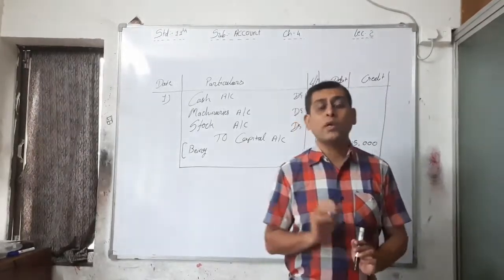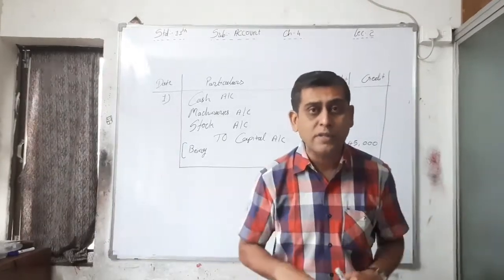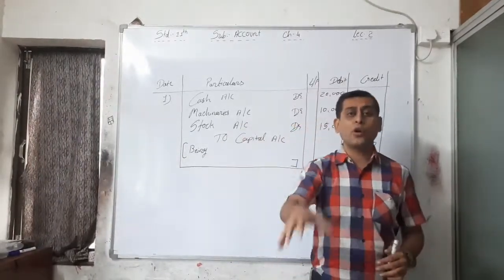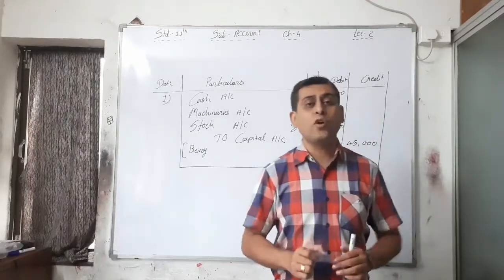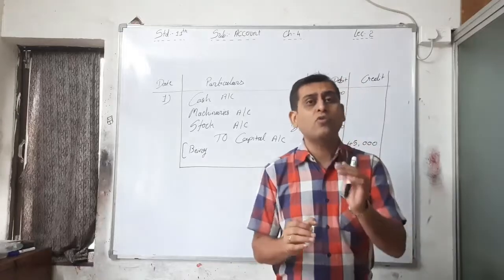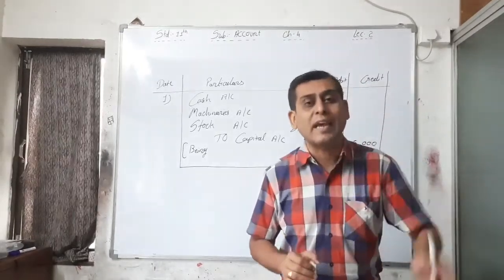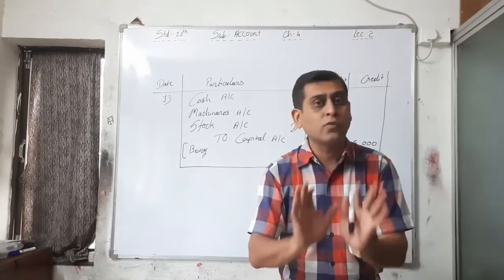Okay, so whatever the owner gives to the business and whatever the owner takes from the business, that is called capital and drawings. And in this example, that is in illustration number 3, we have to show the transactions relating to capital and drawing only, nothing else.